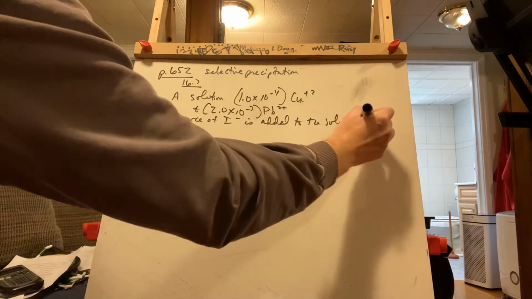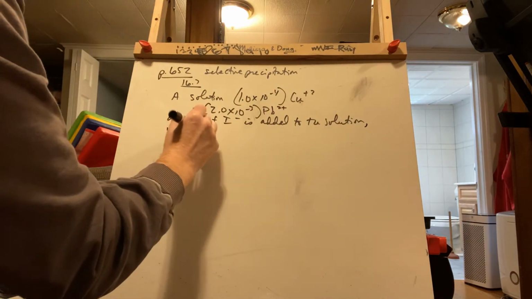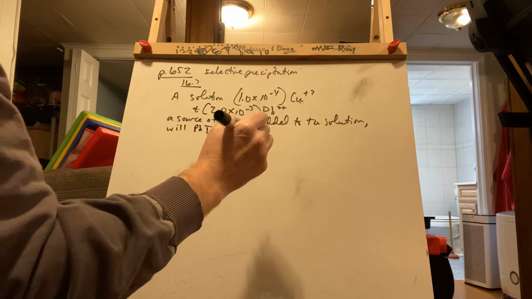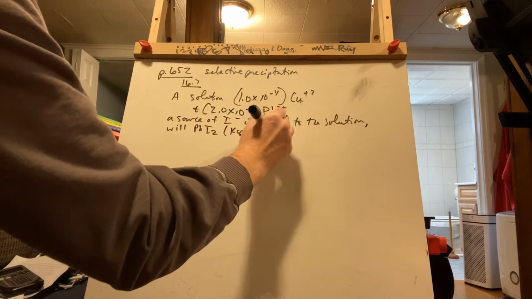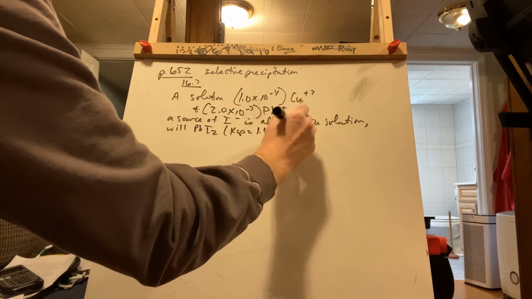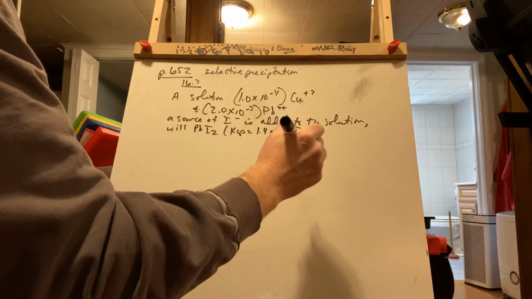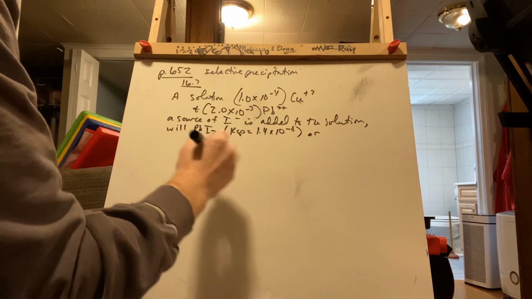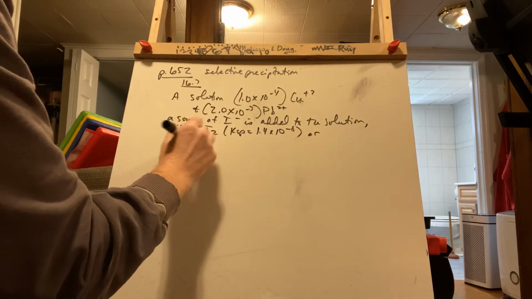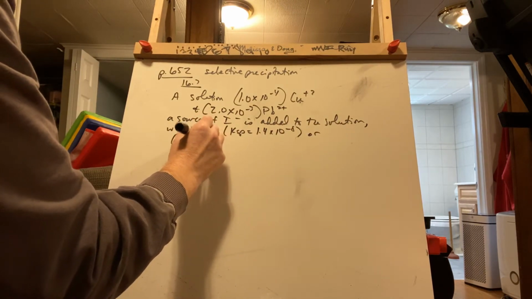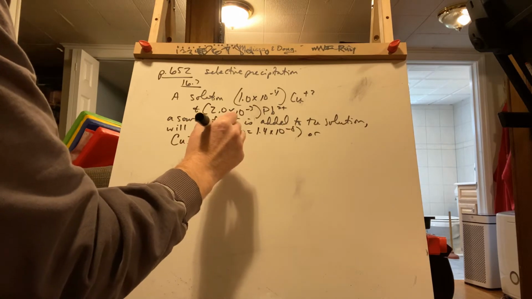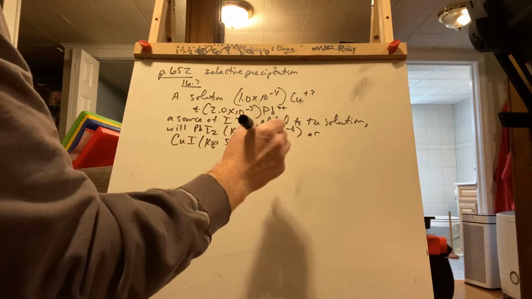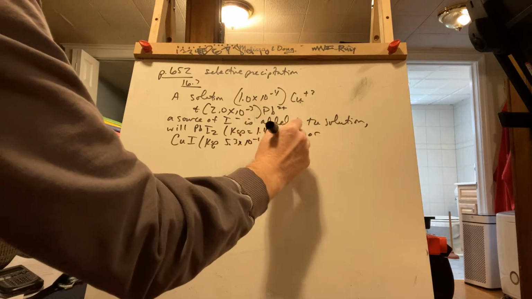So the question is, will PbI2, with a KSP equal to 1.4 times 10 to the negative eighth, or CuI, with a KSP of 5.3 times 10 to the negative 12, precipitate first?